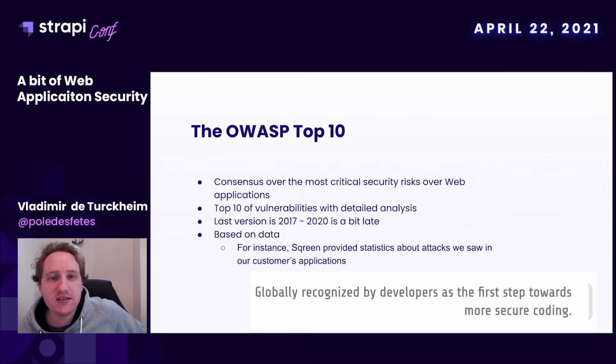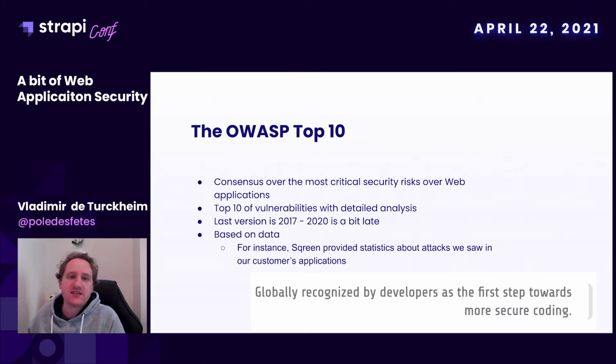So regularly, they publish what's called the OWASP Top 10, which is the top 10 threat vulnerabilities that actually threaten web applications. They update it from time to time because it's data-driven.